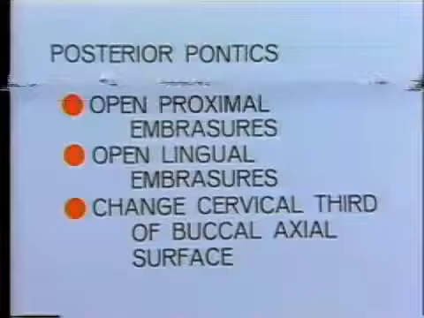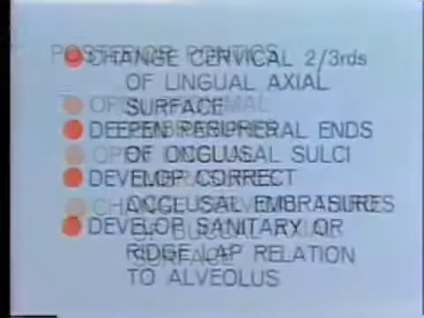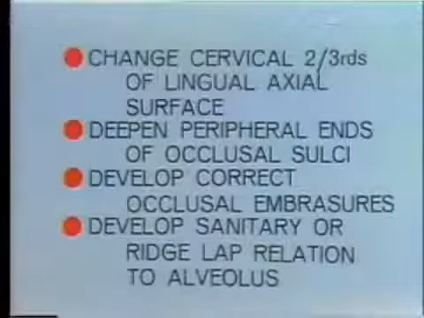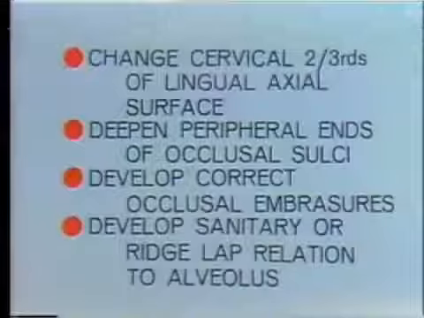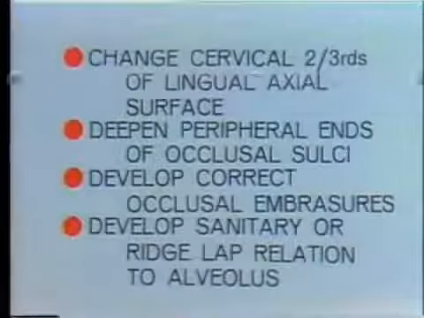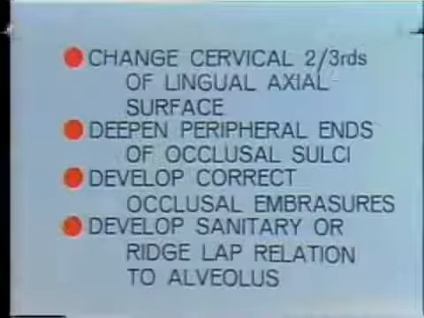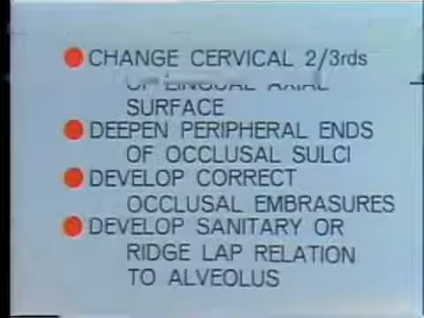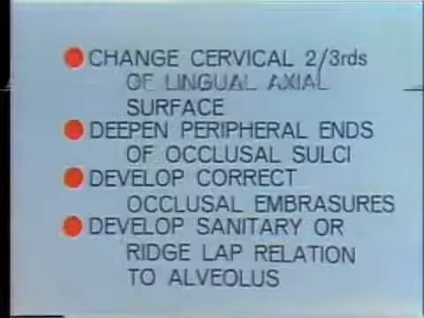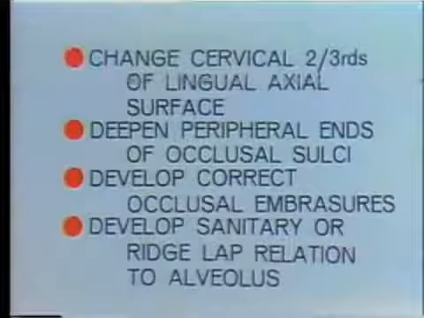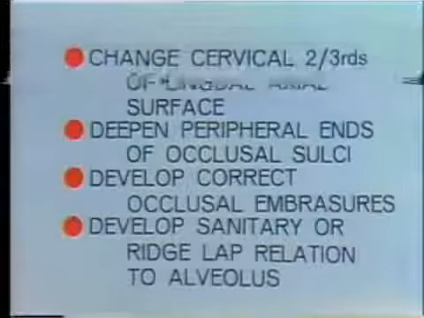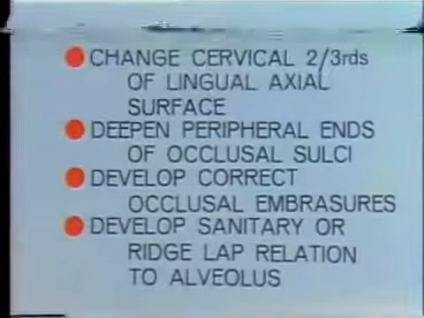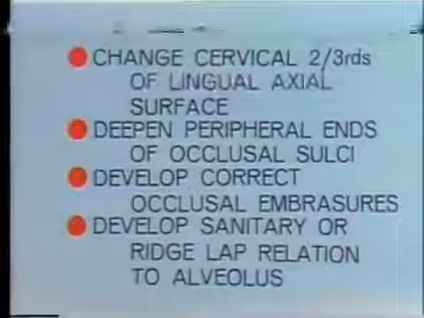Other important points are to change the cervical two-thirds of the lingual surface, as we saw in an earlier diagram, deepen the peripheral ends of the occlusal sulci or grooves, develop correct occlusal embrasures, and then develop a sanitary or ridge-lap relation to the alveolus.